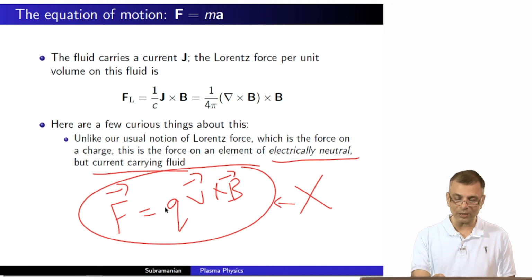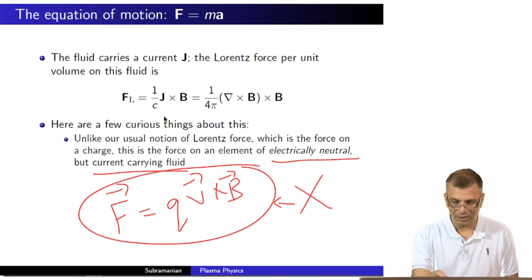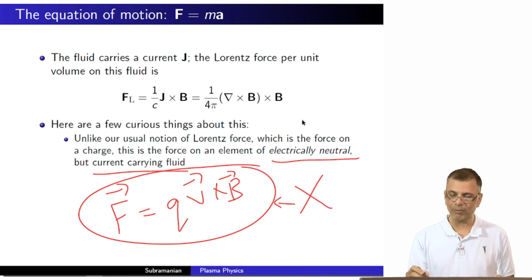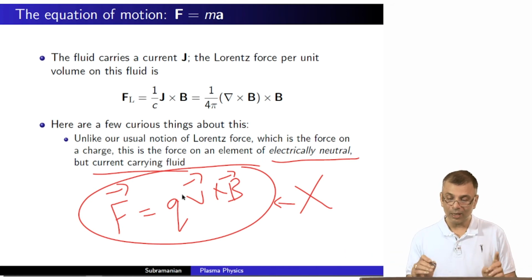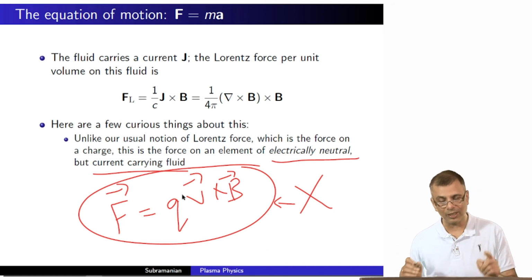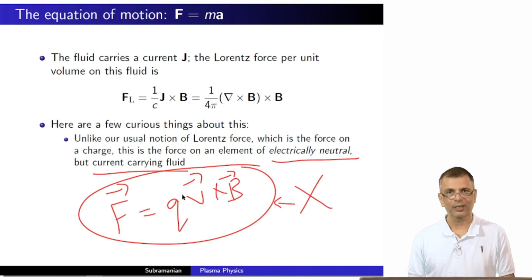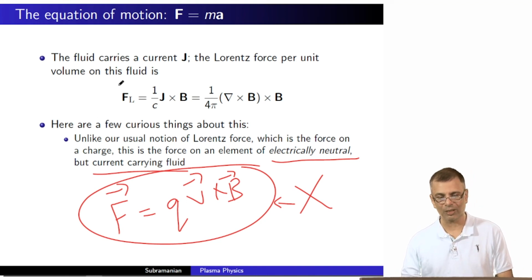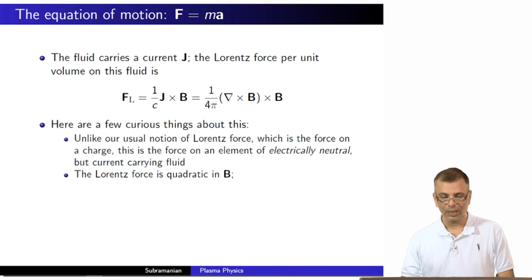Because there are no charges at all. This is the force on an element of electrically neutral fluid, but nonetheless it still carries current. So these are a couple of curious things about this Lorentz force, and it is important to keep in mind.